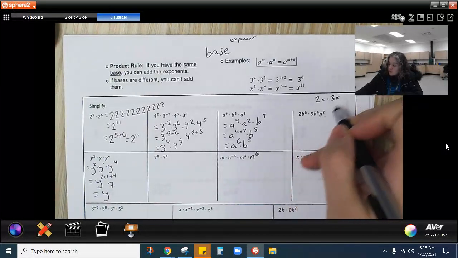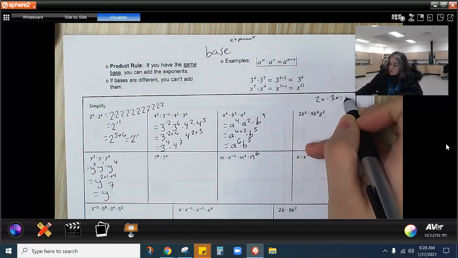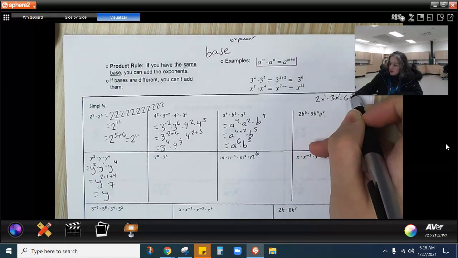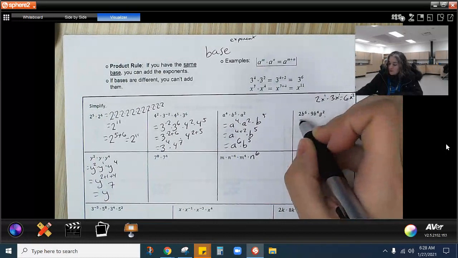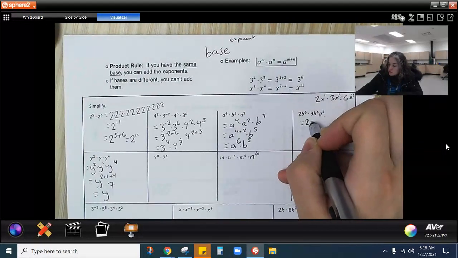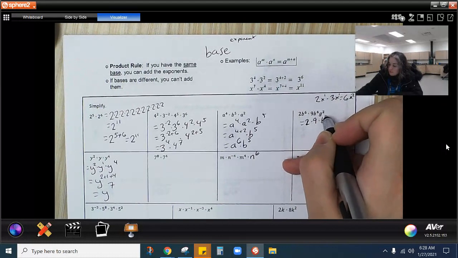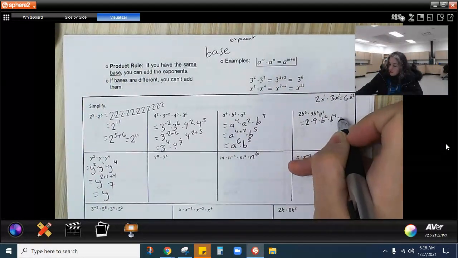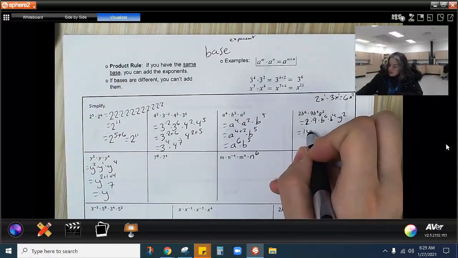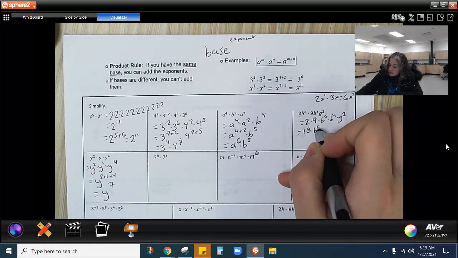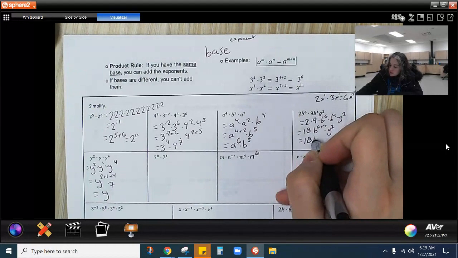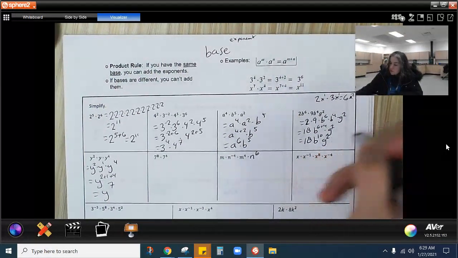So what we're going to do with this one, 2 times 3 would be 6, and then x and x would make x squared. We're going to apply the same principle here. So we have 2 times 9, and then we have b to the 6th times b to the 4th times g squared. So 2 times 9 is 18, and then we would do b to the 6th plus 4 and then times g squared. So that gets us 18 b to the 10 g squared.